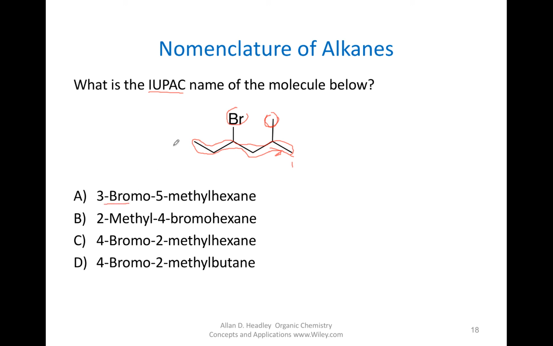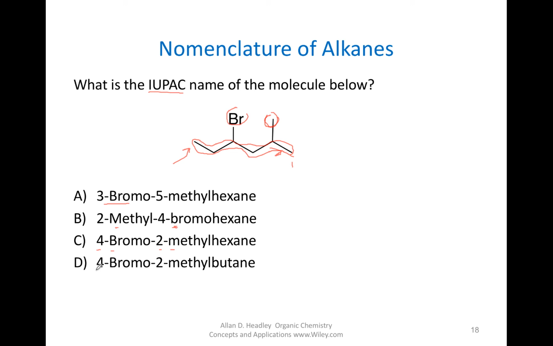3-bromo. This would indicate that it starts there, which is not correct. 2-methyl-4-bromo. Seems good, but B and M may have a problem there. 4-bromo, 2-methyl, B and M, and 4 and 2 looks reasonable.